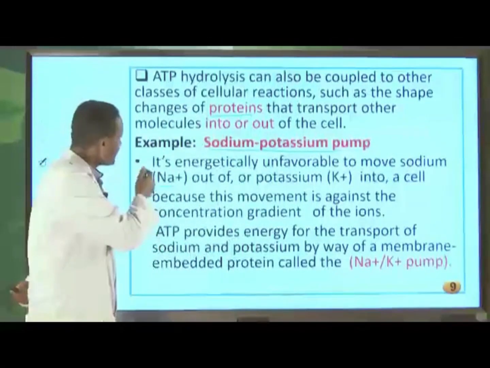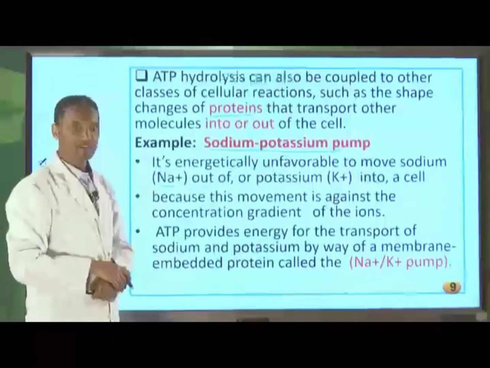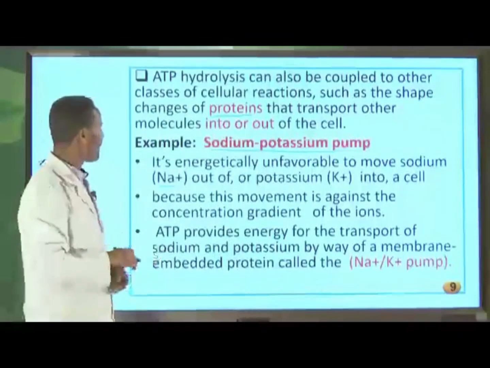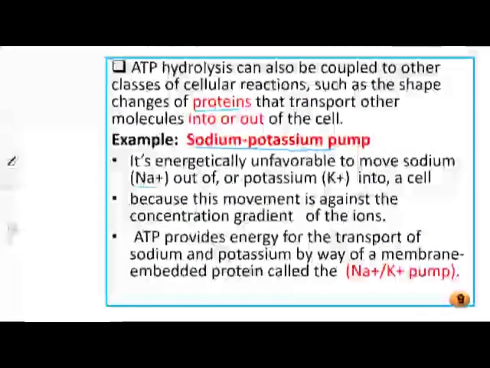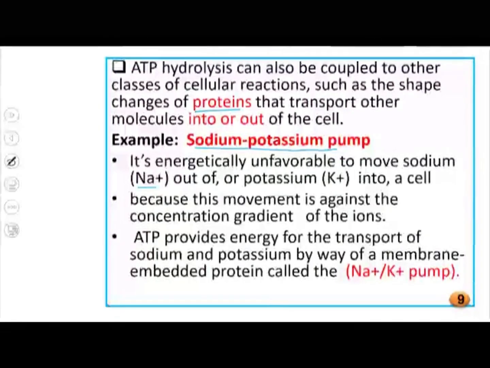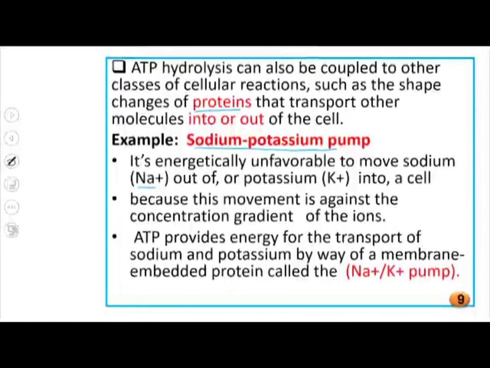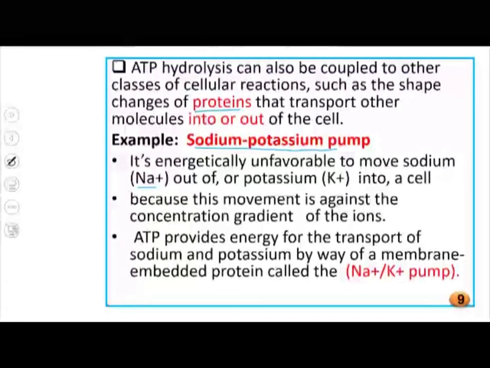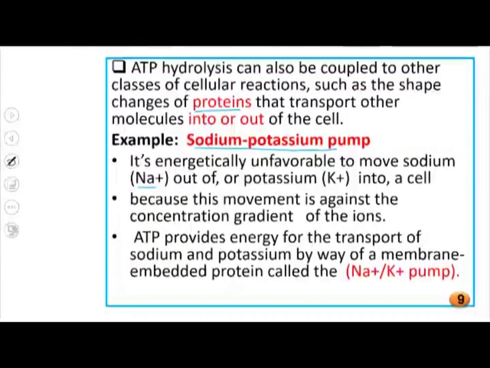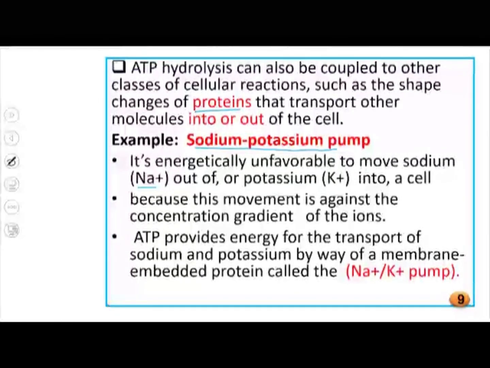It is energetically unfavorable to move sodium ion out of the cell and potassium into the cell. Because this movement is against the concentration gradient, it is difficult to pump sodium out of the cell and potassium into the cell.